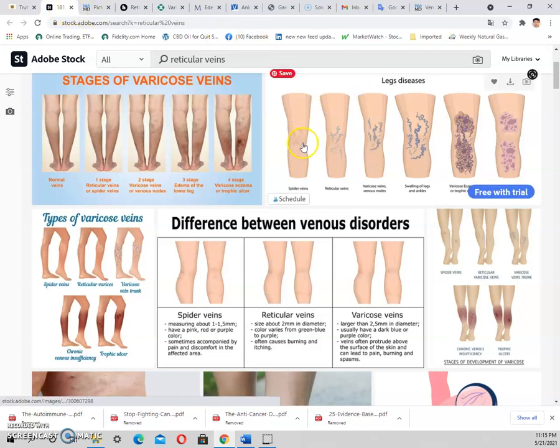Here's stage 1, the veins like webs of a spider, and many spider veins fuse together to become reticular veins.